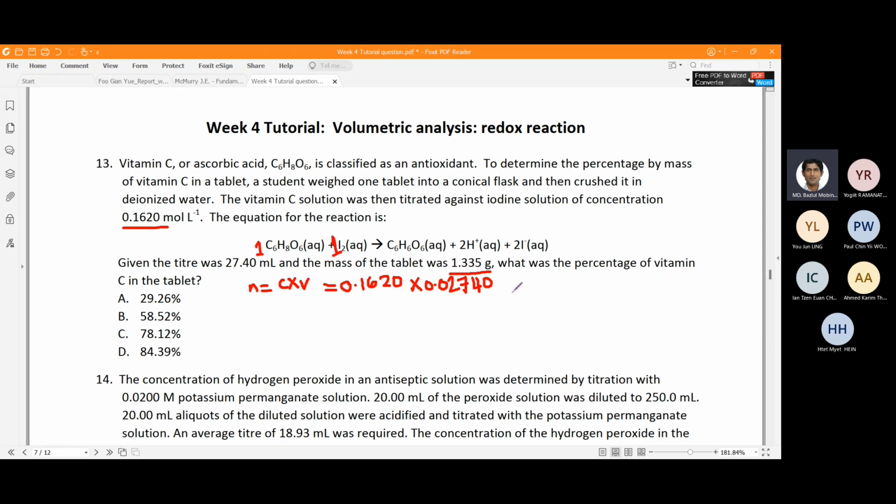If we multiply the number of moles of vitamin C with the molar mass of vitamin C, if you go and check, the molar mass of vitamin C is what? 176 gram per mole.